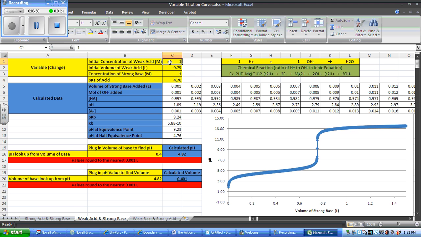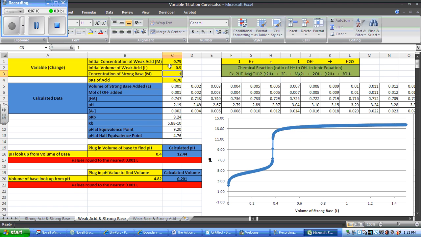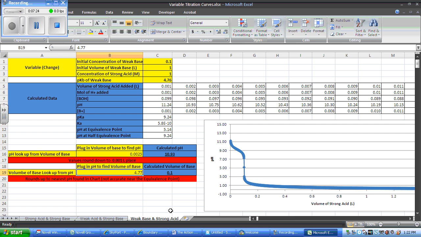Just to give you an example, I can have an initial weak acid concentration of 0.75 molar, an initial volume, let's just say it's 0.5 liters, and a concentration of strong base, it would be 1. And this would be the curve for that titration. And this is basically the same thing, except the only difference is that it doesn't have the ratio to it.